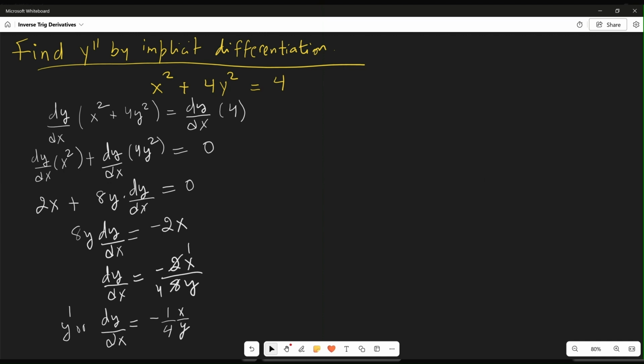Either way, you can write it as negative 1 over 4 times x over y. It just makes it easier when we take the second derivative for this.